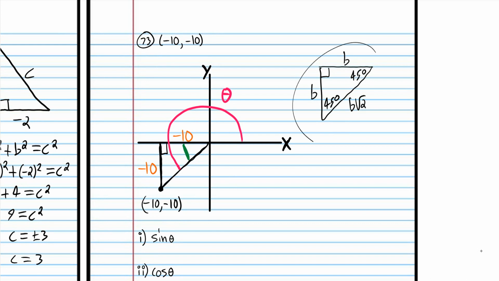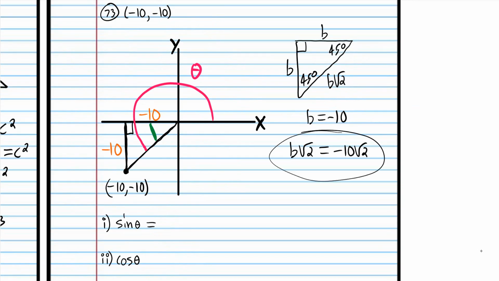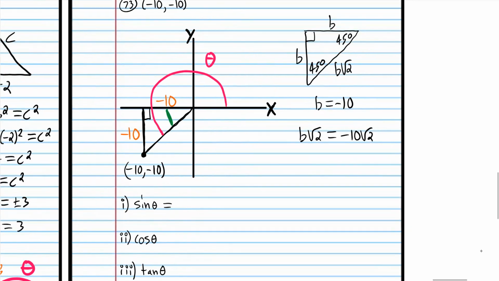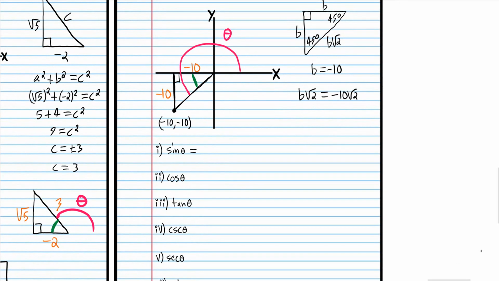And so now you can see that we can use the 45, 45, 90 degree triangle theorem to help us. B is just going to be negative 10. So we're looking for the hypotenuse, which is b root 2, so that would just be negative 10 root 2. Now remember that the hypotenuse is always defined to be positive. So we're not going to have a negative hypotenuse when calculating the values of the basic trigonometric functions.